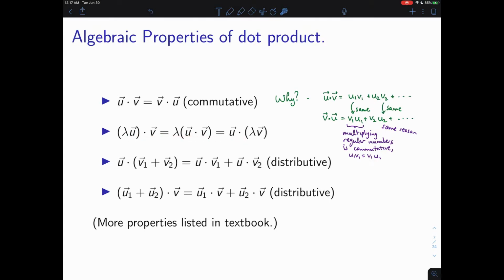So if you want to try this second property and think about why, just do the same thing. Write out this and write out the terms, and write out this and write out the terms, and you can see why it's true. And same thing for the distributive properties. Just write out what this translates into and what that translates into, and it all works out.